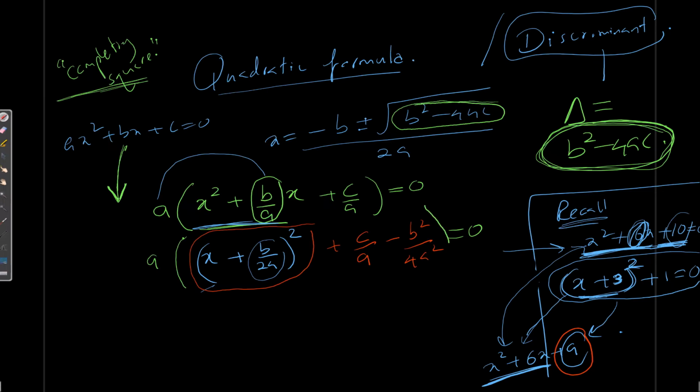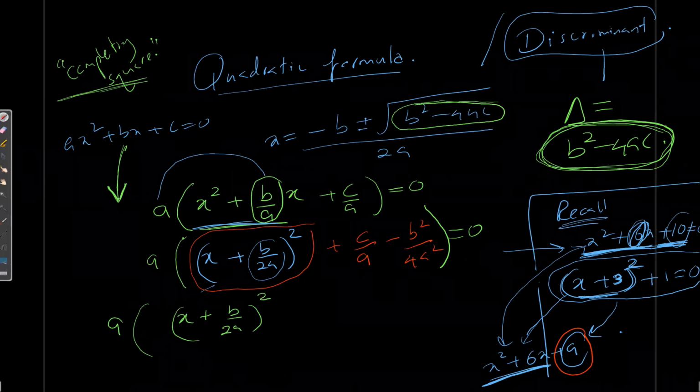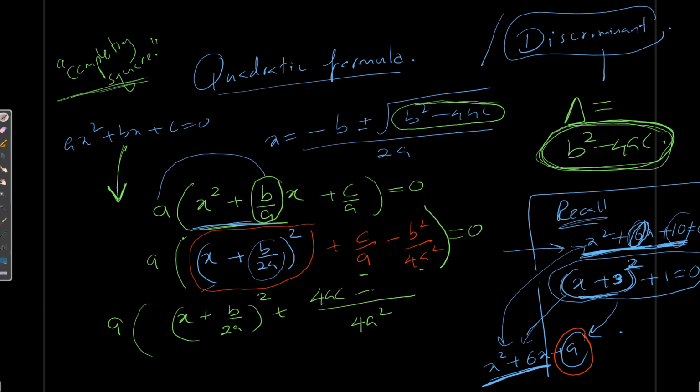Now I need parentheses here, a times x plus b over 2a, squared, plus, in these two terms, I'm going to take the common denominator 4a squared. Then I need to multiply the first by 4a, so 4ac minus b squared, equals 0.